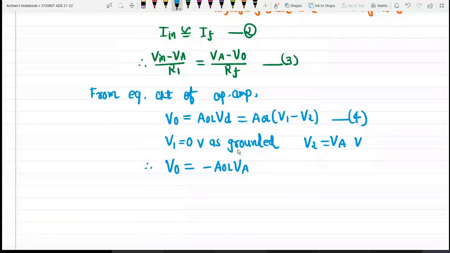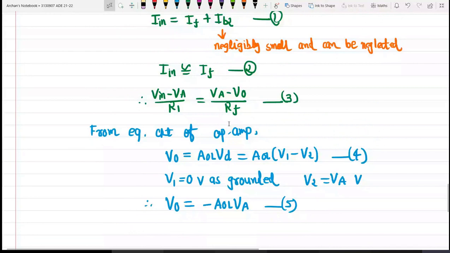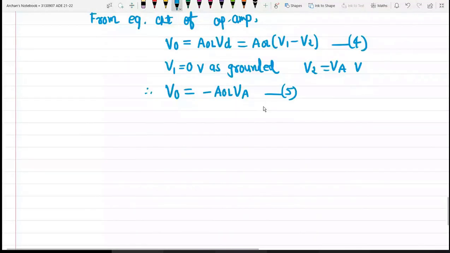We will keep this equation and put it in equation number 3. So in place of V0, let us substitute this in equation number 3.